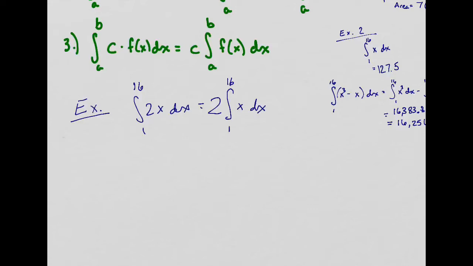And so we already know what that is, so it'll be 2 times the integral from 1 to 16 of x dx, which is 127.5. And so overall, our answer will be 255.